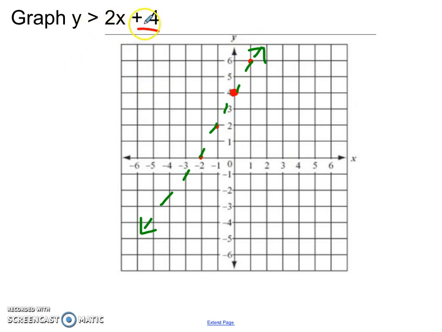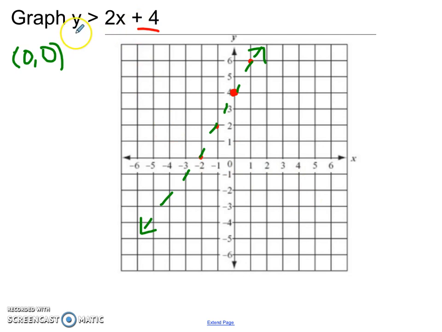Now to do a test point. For a test point, instead of choosing one value like we did with inequalities with one variable, I'm going to have to choose an ordered pair. I highly recommend choosing the ordered pair 0, 0 as one of your ordered pairs if you can. 0, 0 is definitely on one side of the line, so we can use that.